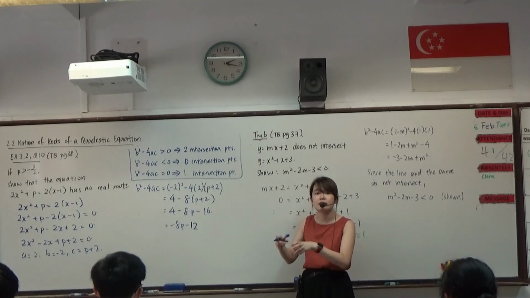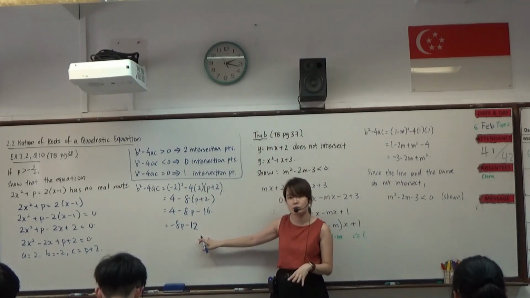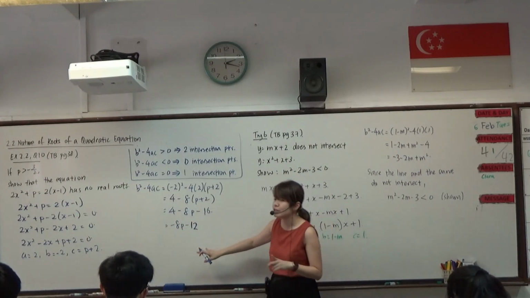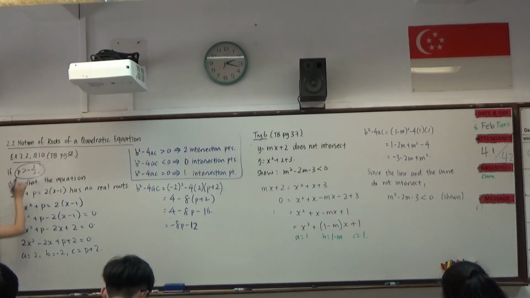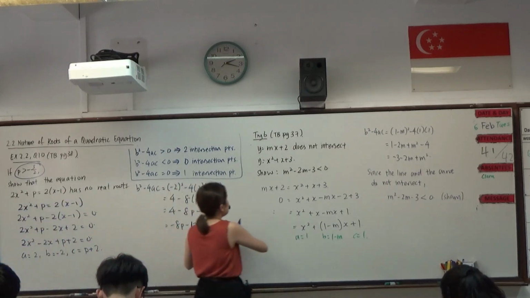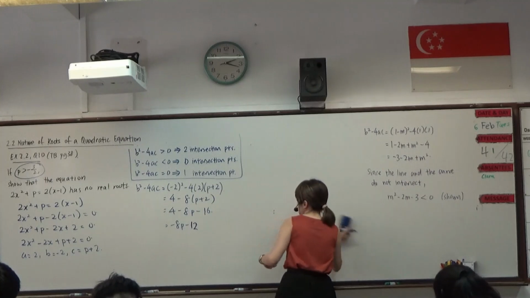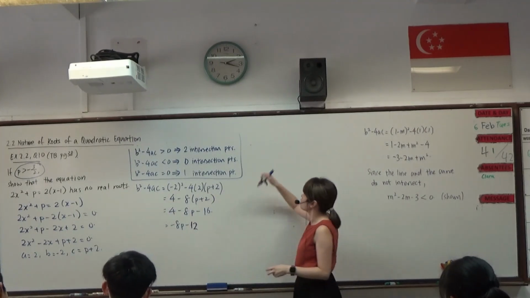We want to provide the necessary evidence to show that at the end this is going to be less than 0. So how am I going to do that? There is a piece of given information that we have not yet used, and that is this p more than negative 3 over 2. Because the question said that p is more than negative 3 over 2, we will use that to show that it causes this to become less than 0.